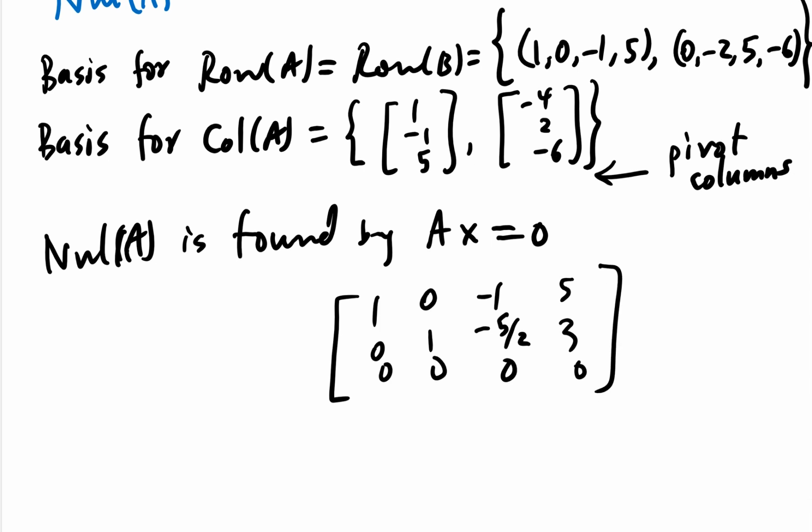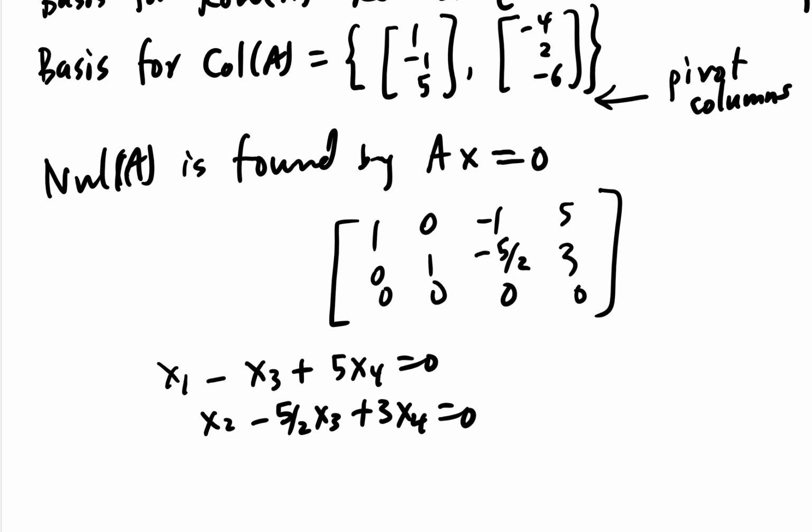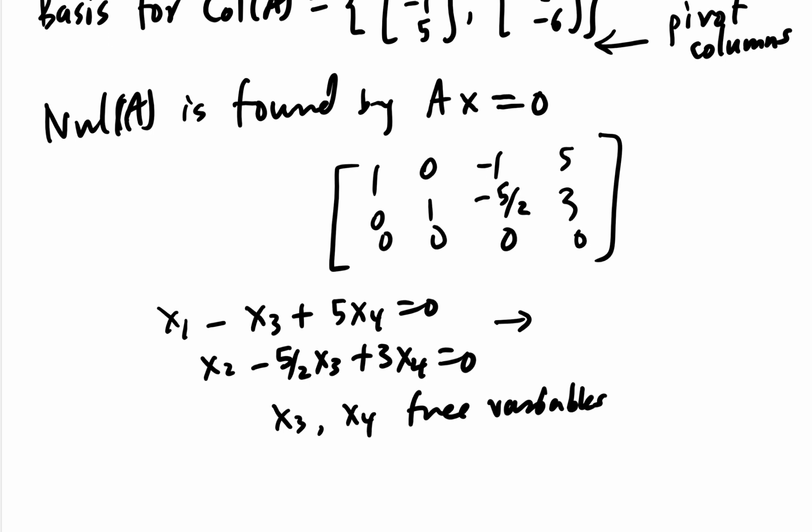From here I can get x1 - x3 + 5x4 = 0, and 0x1 + x2 - 5/2 x3 + 3x4 = 0, right? Here x3 and x4 are free variables. So x1 = x3 - 5x4, and x2 = 5/2 x3 - 3x4.